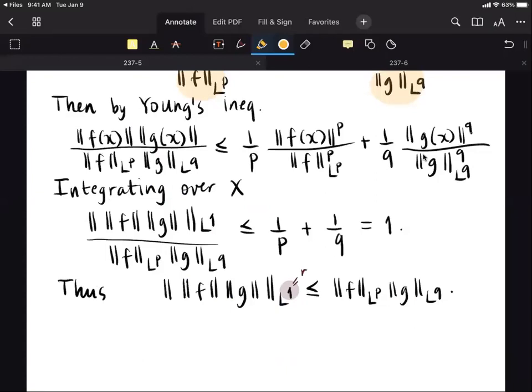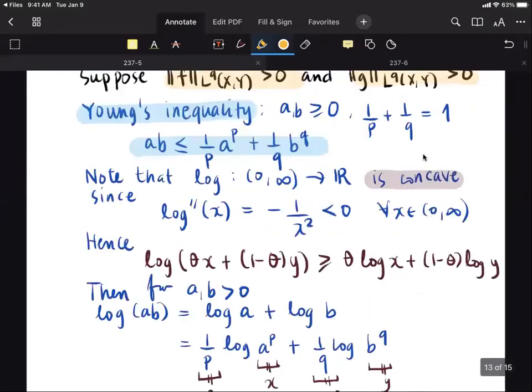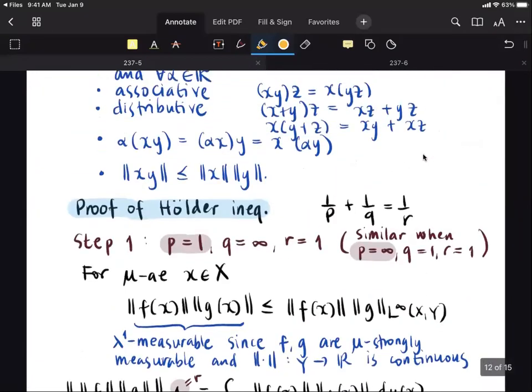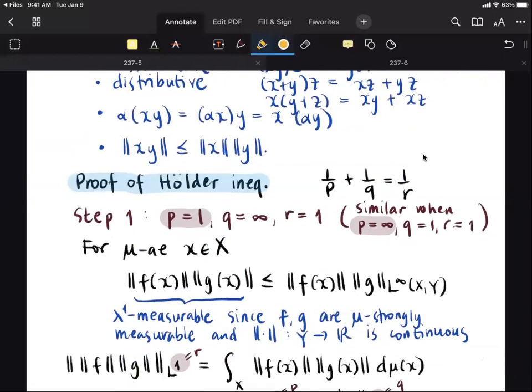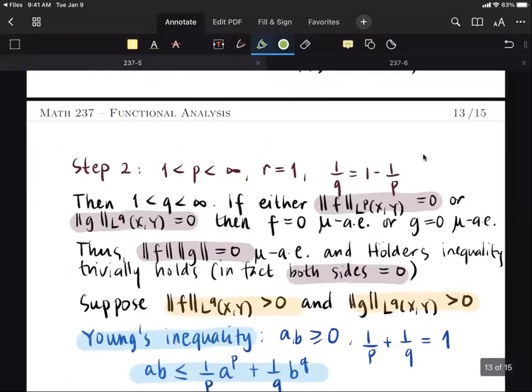So going back to the proof of Holder's inequality, so far, if you can notice here, R is equal to 1, R is equal to 1, and R is equal to 1. So what if R is not equal to 1?